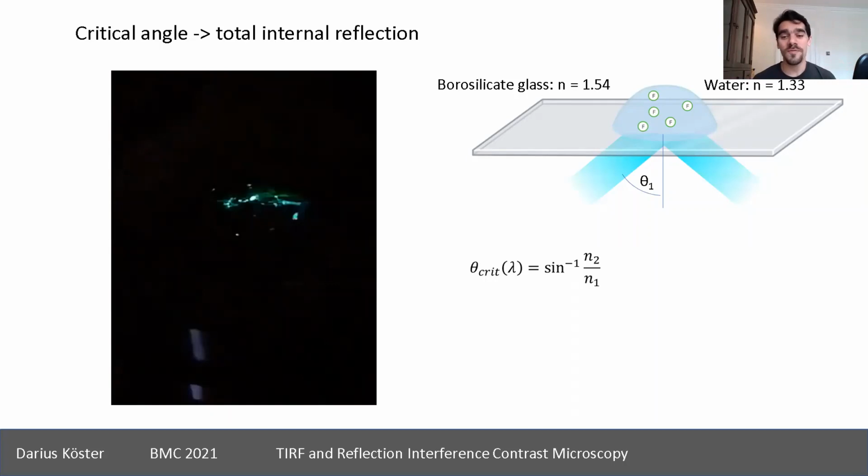Then again, you have to look at your sample and play a bit around to see how your pattern looks. That's also why cells are tricky as a sample, because often you get a patchy labeling, which is not necessarily homogeneous. So it's hard to make out whether you have some interference pattern in there or not, whether you have some dark and brighter spots in your field of view.